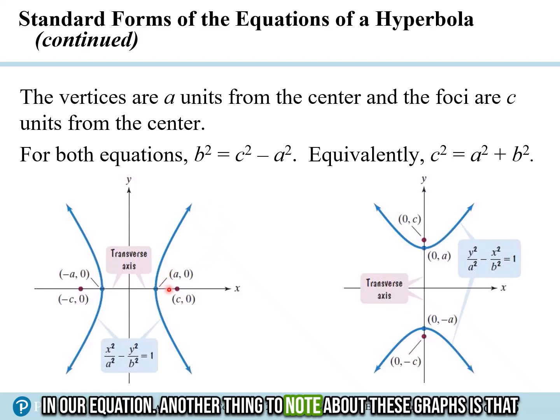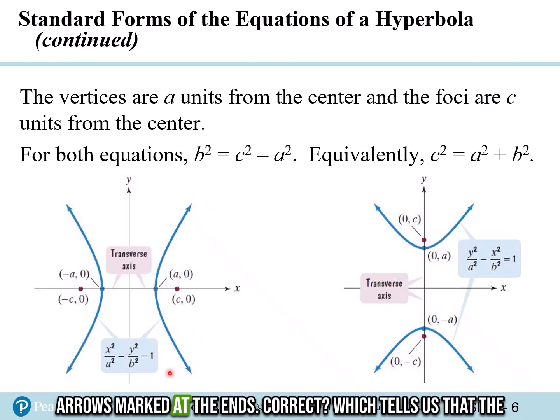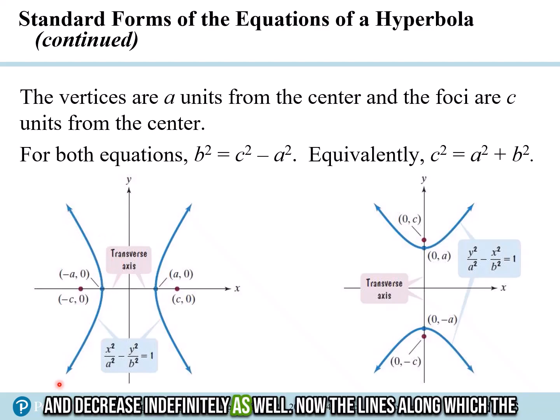Another thing to note about these graphs is that they are open-ended. You see over here, the graphs on either side have arrows marked at the ends, correct? Which tells us that the graphs increase indefinitely and decrease indefinitely as well.